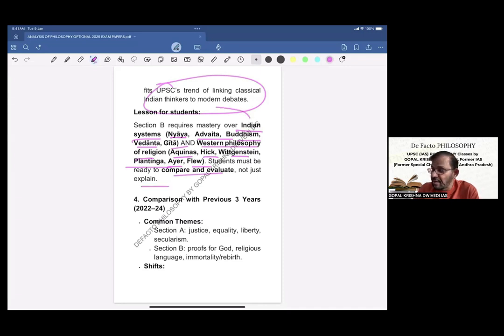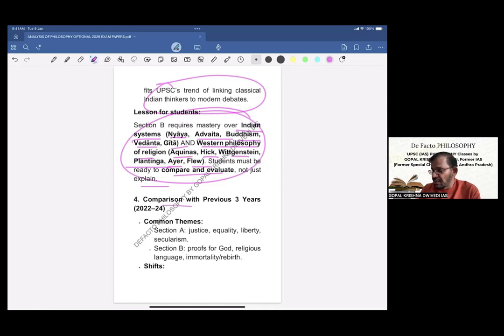This is the main crux of the lesson as far as this analysis is concerned. Most of the topics you may be studying in paper 1 also, for example Nyaya, Advaita, Buddhism, Vedanta, Gita. Similarly, Wittgenstein, Ayer, Plantinga. So in paper 2 you have to take a lot of content from paper 1 as well, and you should understand and know that.